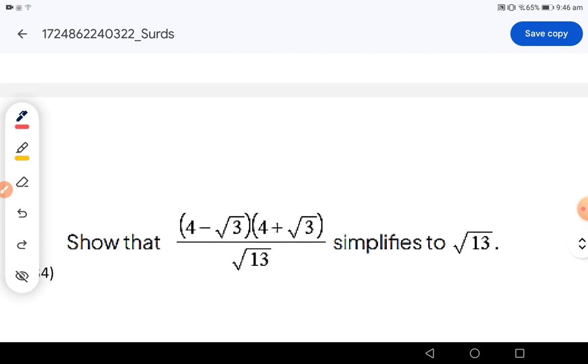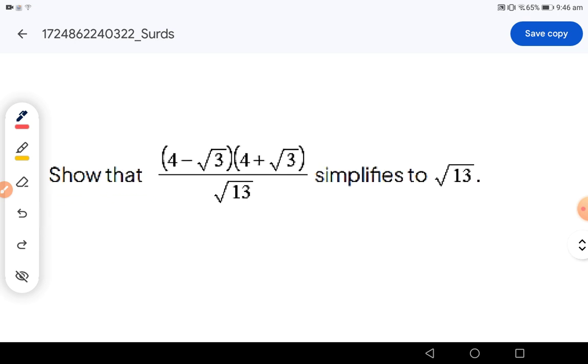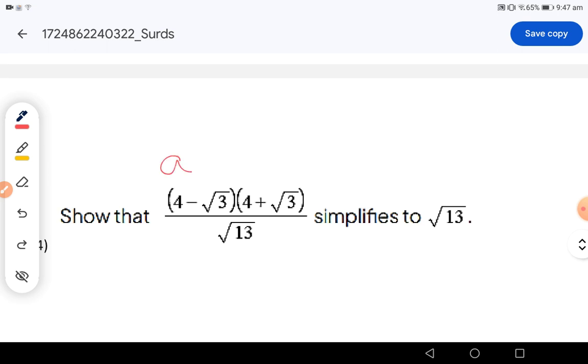Question 34. 4 minus root 3, 4 plus root 3 by root 13. Simplify to root 13. So again this is a square minus b square form. So a square minus b square is a plus b and a minus b.